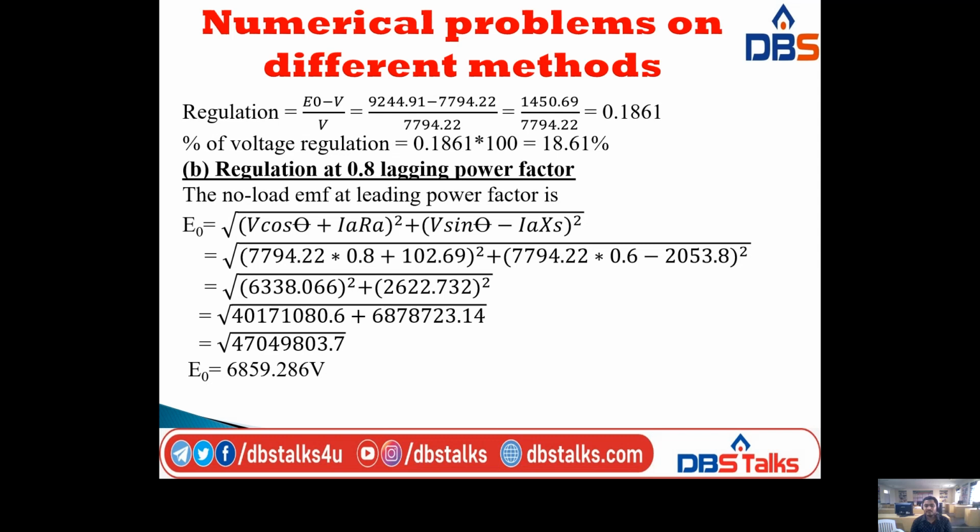So we have (7794.22 into 0.8 plus 102.69) whole square plus, in the V place, 7794.22 into sin phi place 0.6 minus the synchronous reactance drop, 2053.8, whole square, whole root.